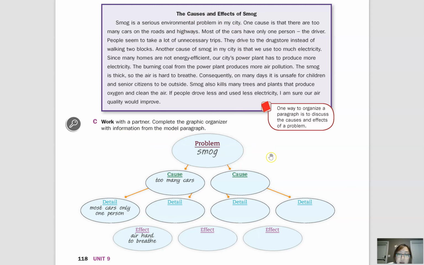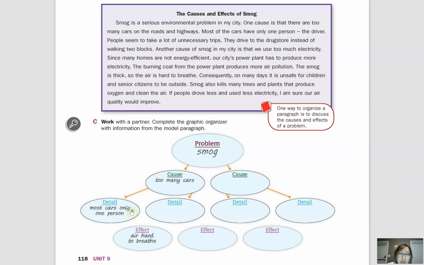If you look at this red outlined box here, you'll see one way to organize a paragraph is to discuss the causes and effects of a problem. So this graphic organizer helps us to organize the information in a graphic way, or in a visible way, which is why we call it a graphic organizer, like a diagram. In this case, it is organized by causes and effects.